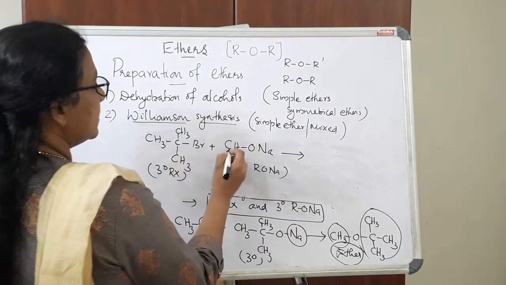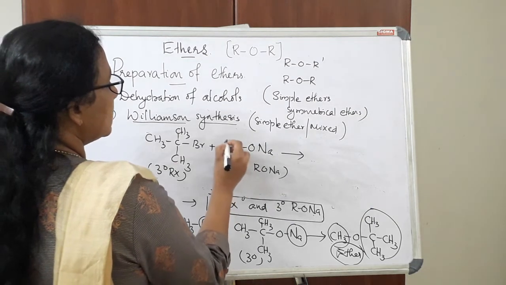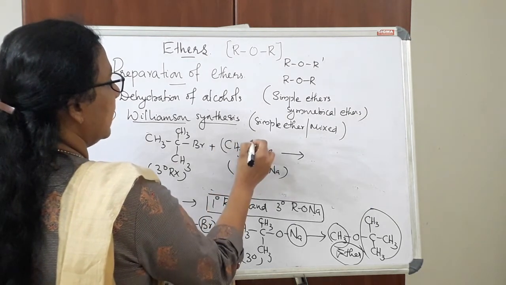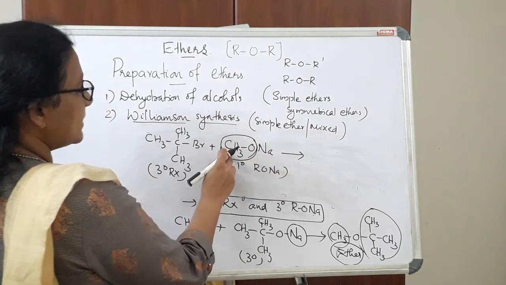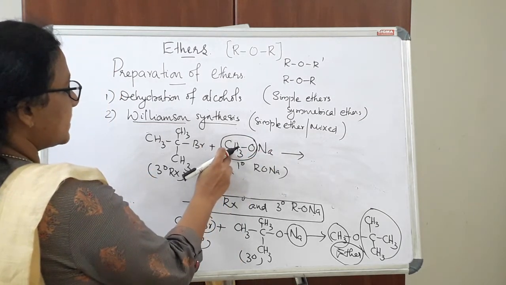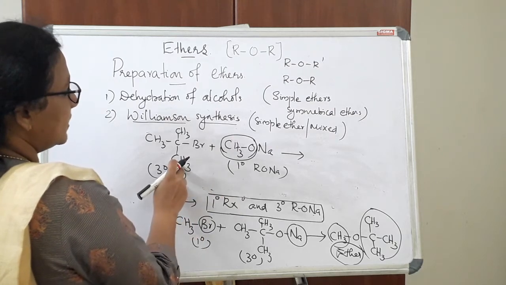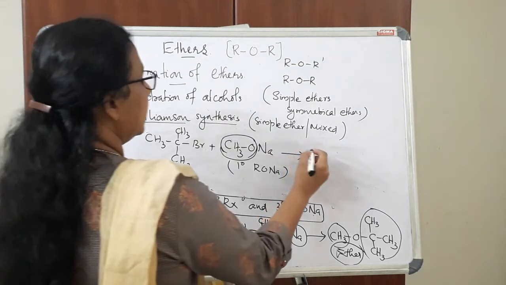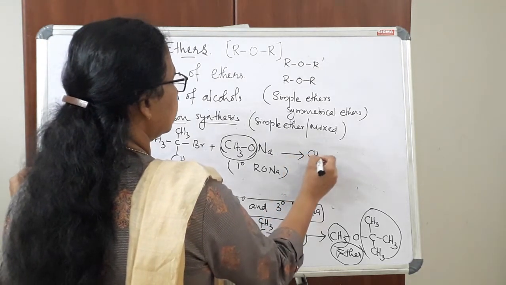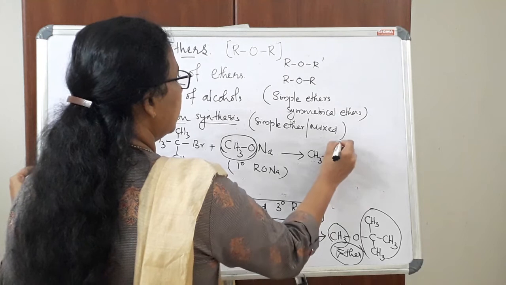In this case, CH3O, this alkoxide group, will act as a base and abstract one hydrogen atom from here, and we will get an alkene.